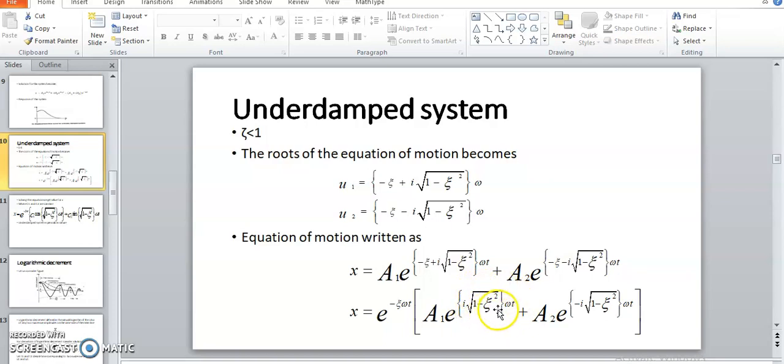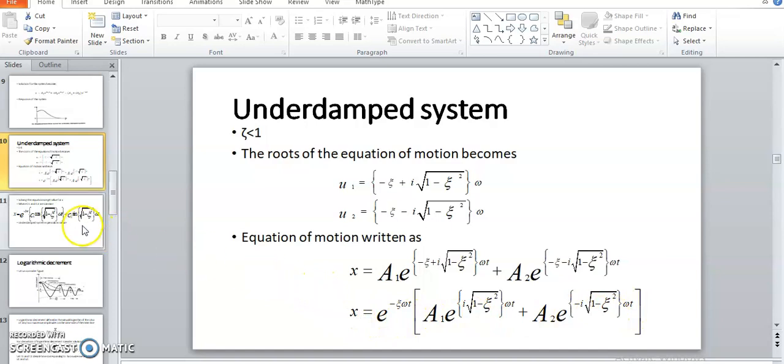This e raised to ix now changes to cos of square root of 1 minus zeta square omega t plus i sin of square root of 1 minus zeta square omega t. Similarly for the other term, but here the minus sign is present, so it becomes cos x minus i sin x: cos of square root of 1 minus zeta square omega t minus i sin of square root of 1 minus zeta square omega t.